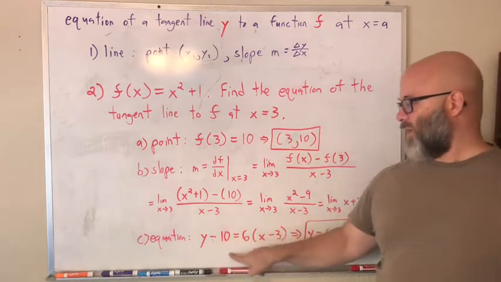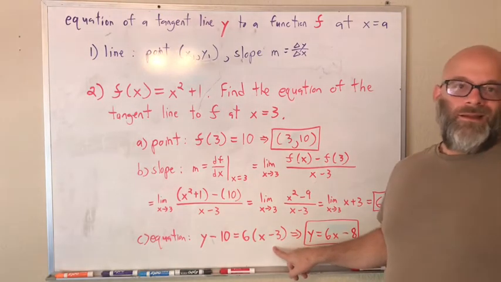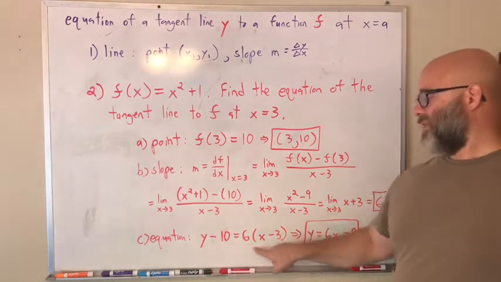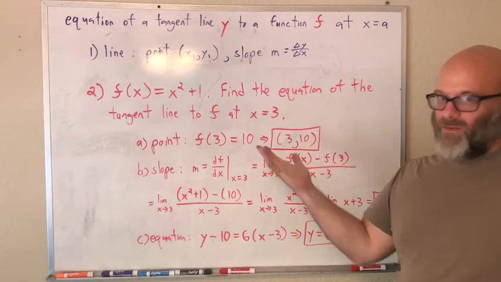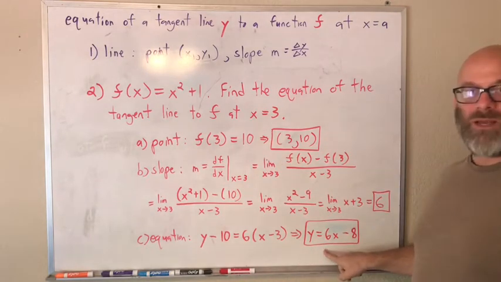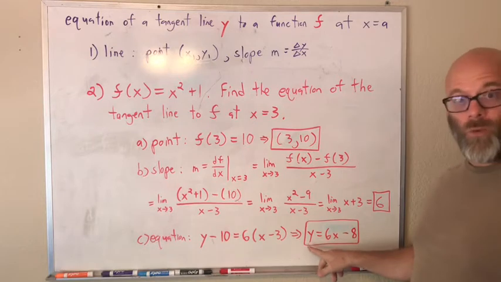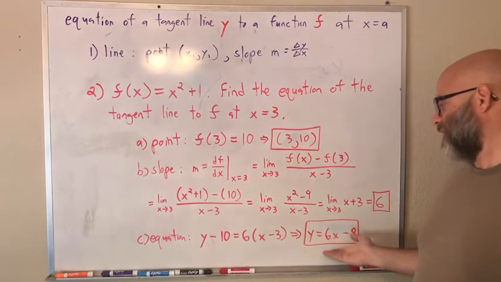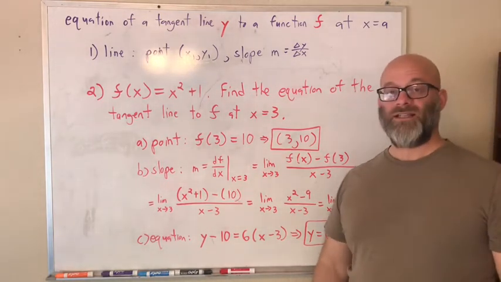And that's it. That's your equation right there. Now, if you want to convert that from point slope form, which is the greatest form of the line, to the slope intercept form, which is more familiar and explicit for y, you can do that. With a little algebra, you get y equals 6x minus 8.